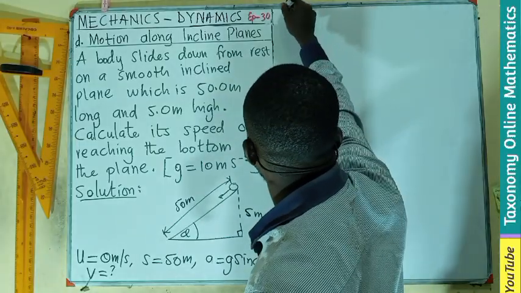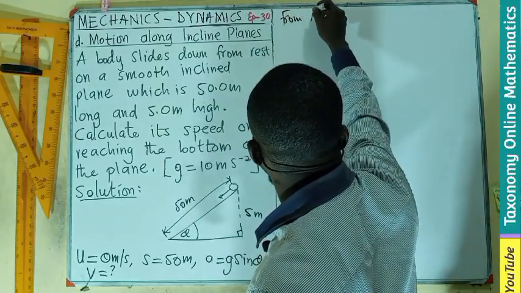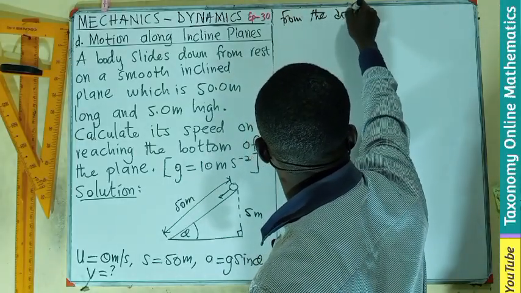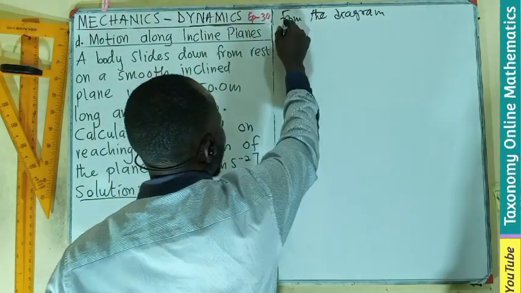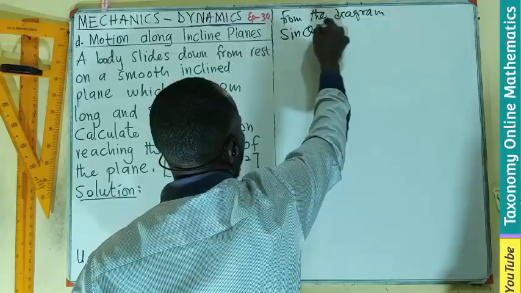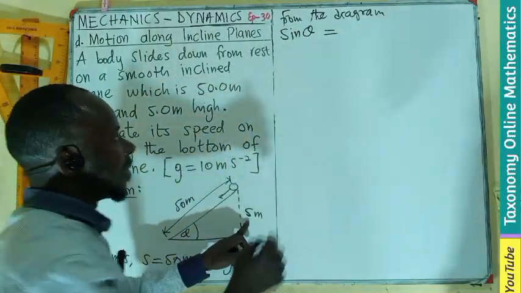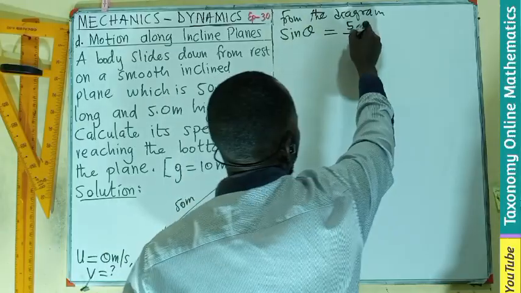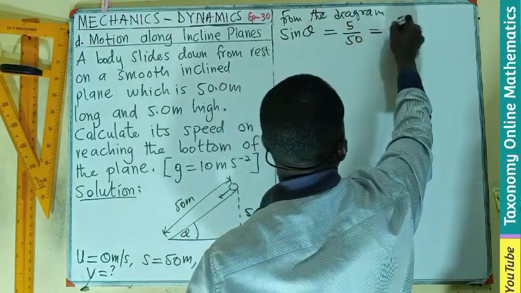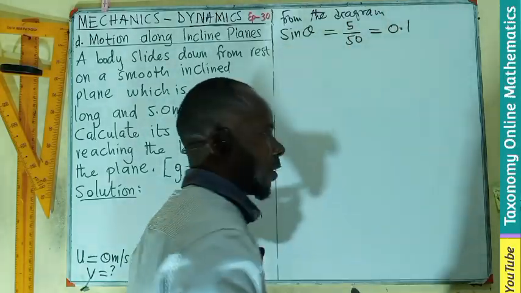From the diagram, the sine of the angle theta equals the opposite side, which is 5, divided by the hypotenuse, which is 50, giving you 0.1.